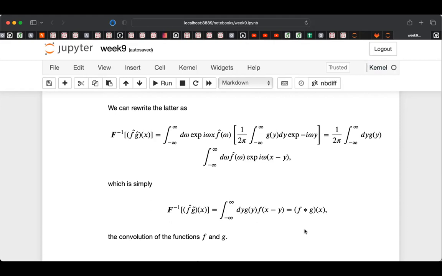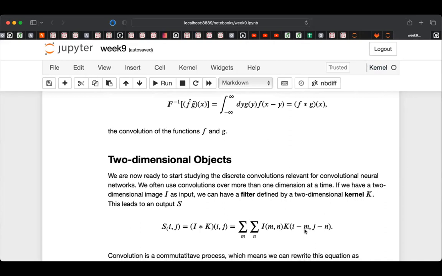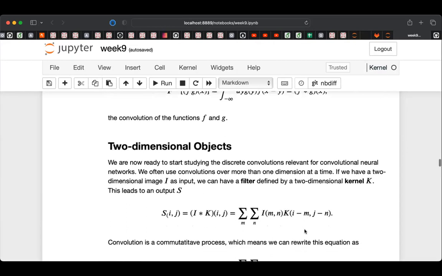So what I wanted to say something about now, before we go back to neural networks, and in particular convolutional neural networks, is a little bit about the structure of a convolutional neural network.